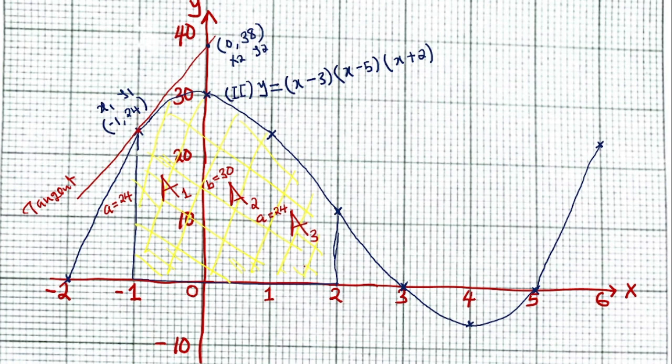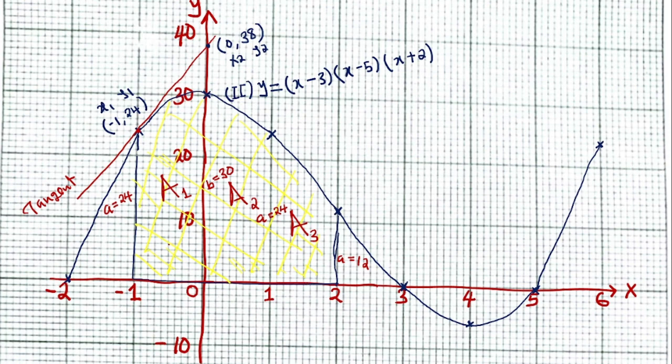Then for A3, the value of a is going to be 12, because where x is 2, the value of y is 12. So from the x-axis to the curve there, it is equal to 12 units.